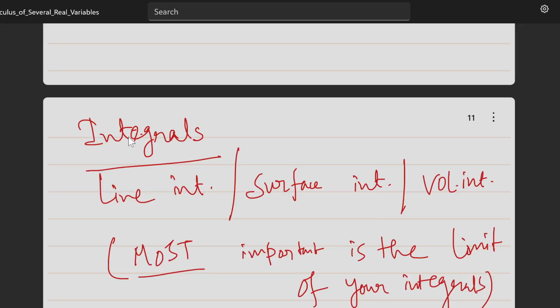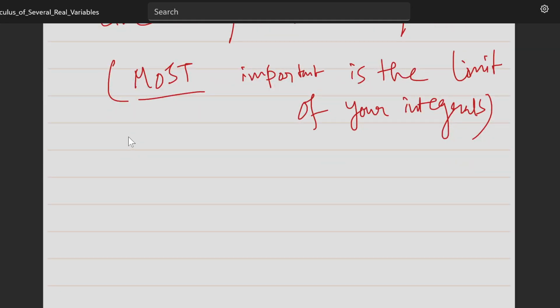So suppose you have to find some integral. Limit is one thing. Can you tell me what is another important thing in integrals?